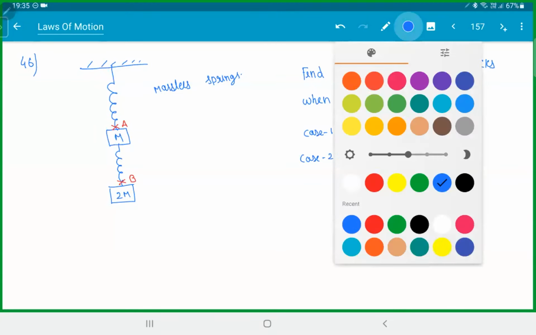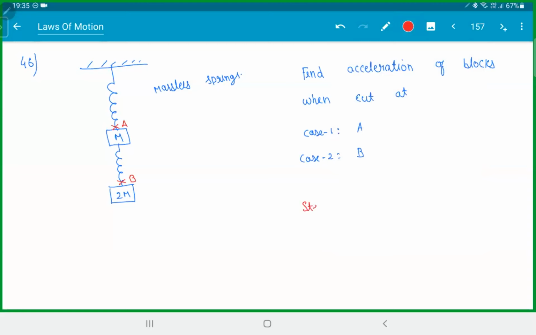So if I have to write the steps now. Step 1, find tension in the springs in equilibrium. Step 2, the spring which is cut will have 0 tension.